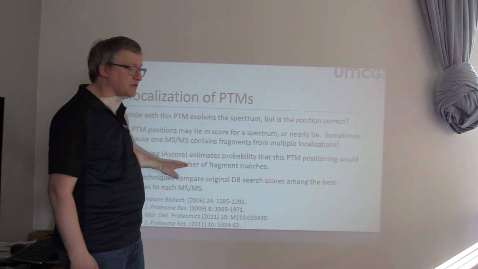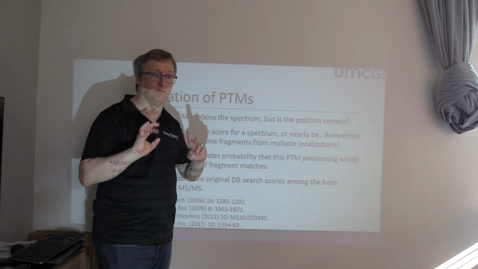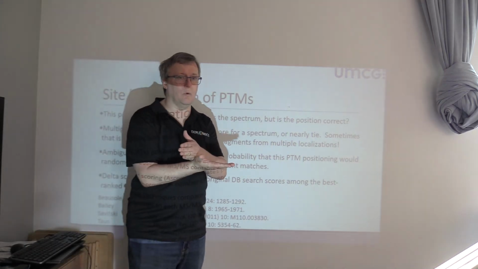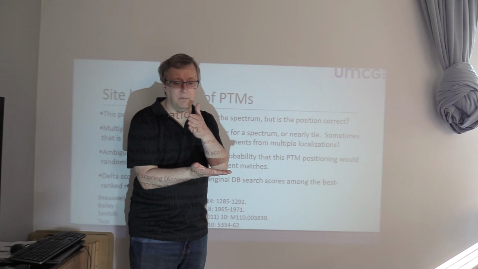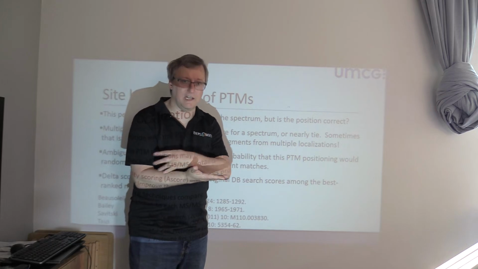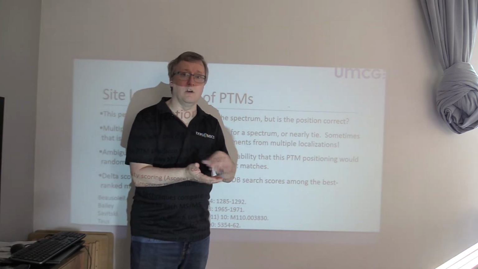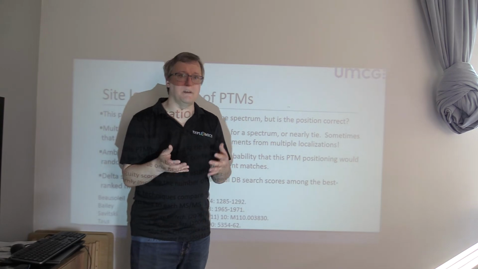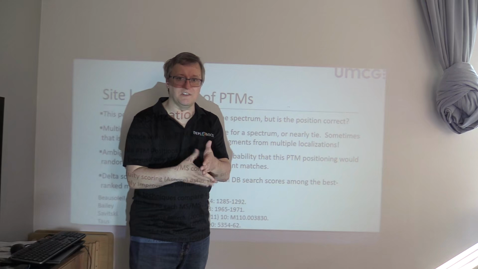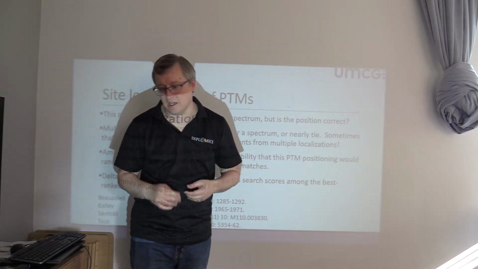So systems like A-score have been written to rescore what this peptide spectrum would look like if we move the modification mass from AA1 to AA2 to AA3 to AA4. At each of these places we can rescore this PSM, and it gives us some notion of how much better the position we've chosen is than any other in the spectrum.